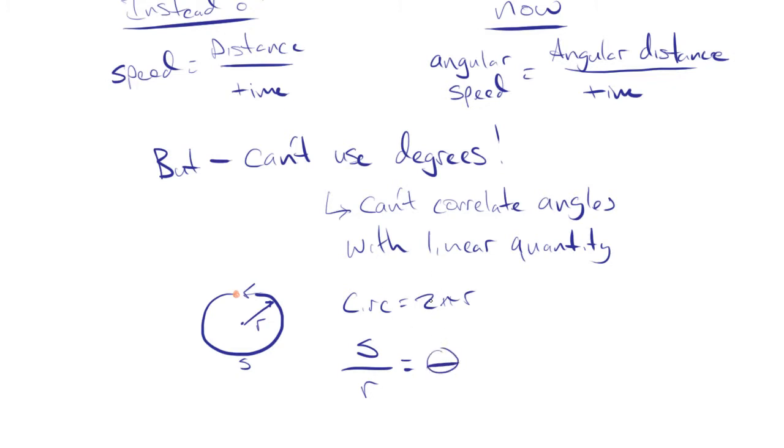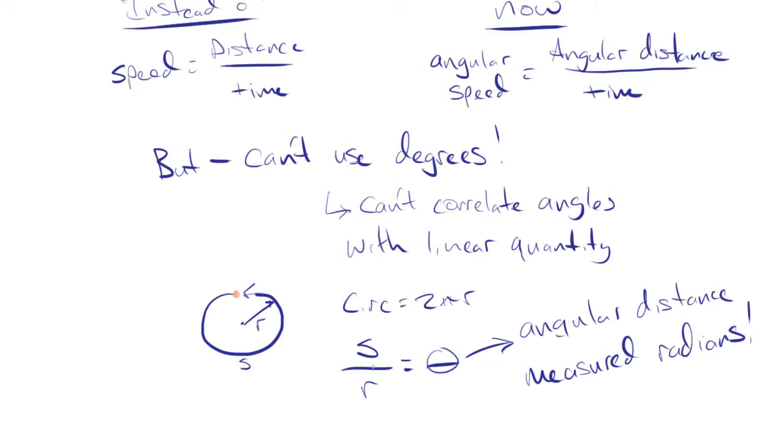But 2 pi, that's some angular distance. Okay, that's an angular distance. As long as that angular distance is measured in radians.